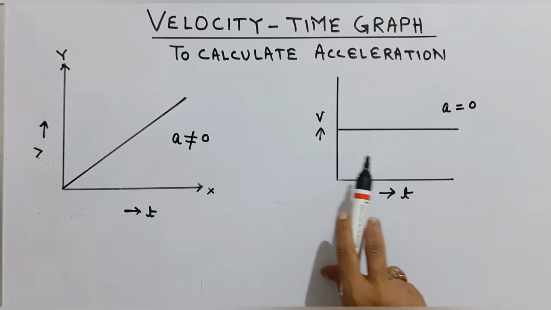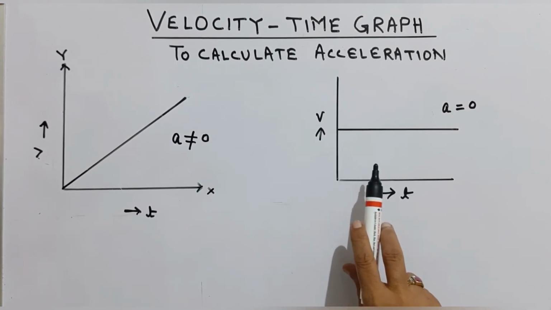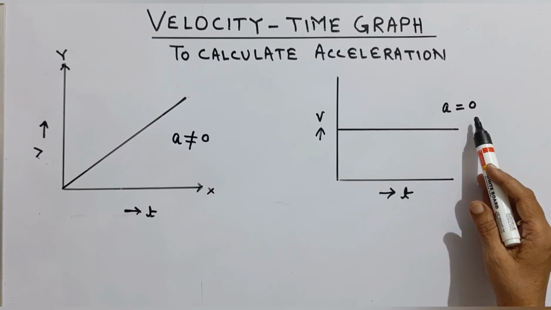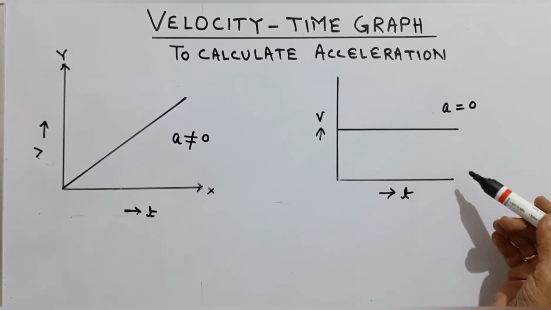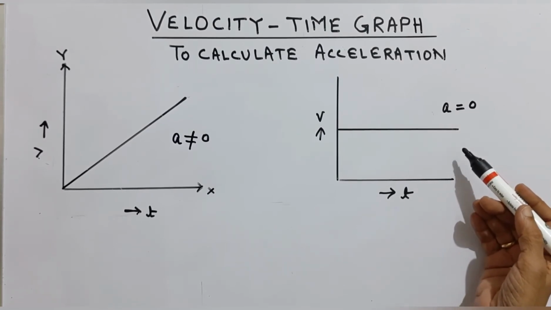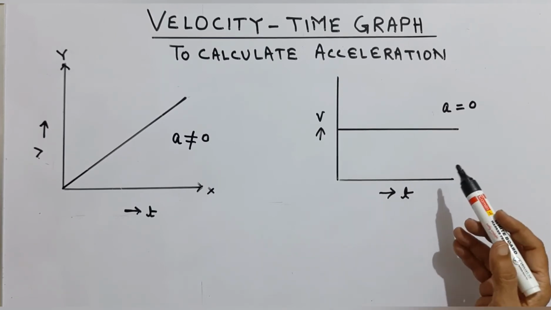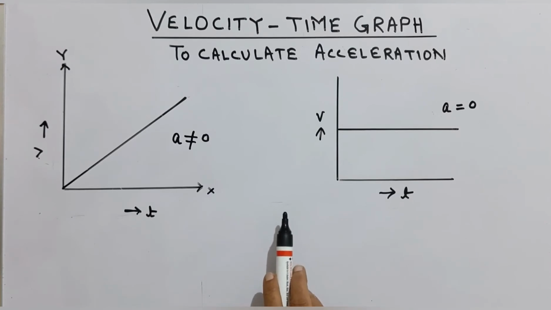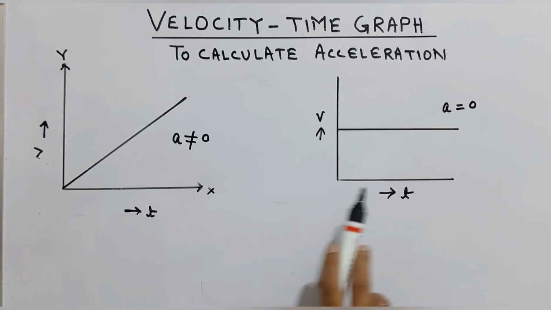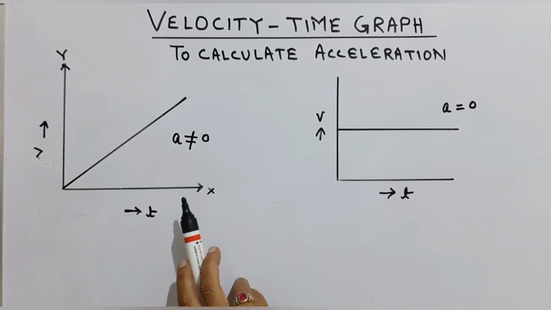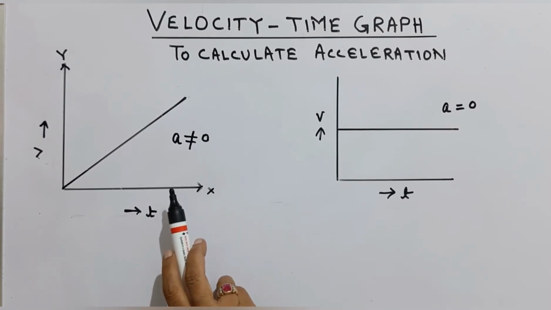Since the velocity is uniform, there is no change in velocity, so the acceleration here will be 0. So there is no need to calculate acceleration for this graph, although later on we will see that the general method is true for both of these. So let us now calculate the acceleration from this graph.